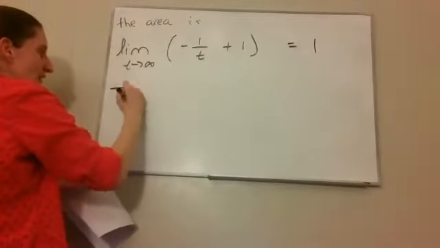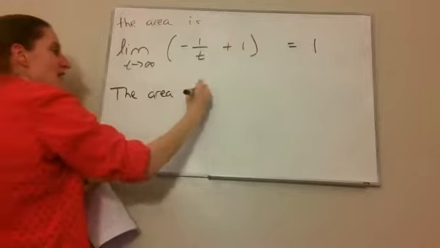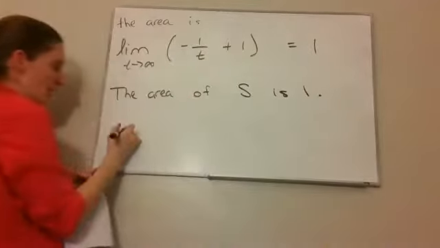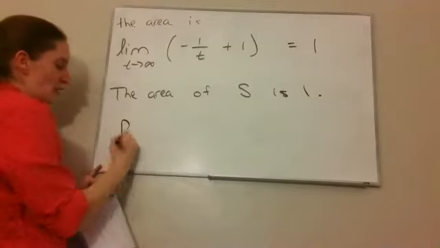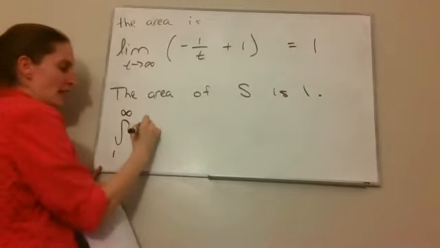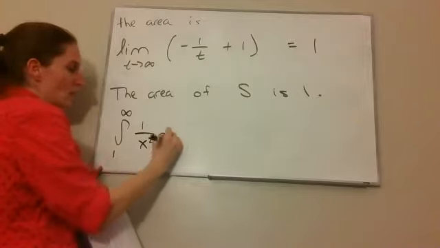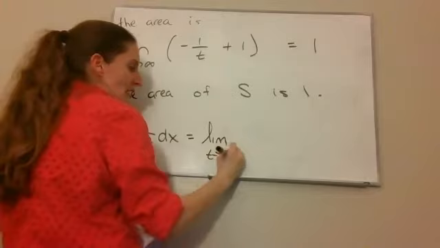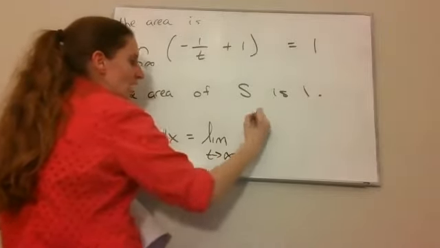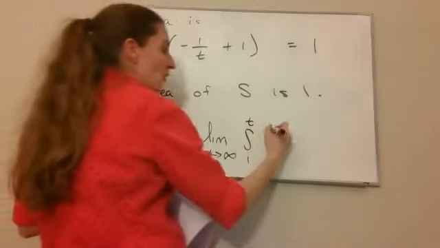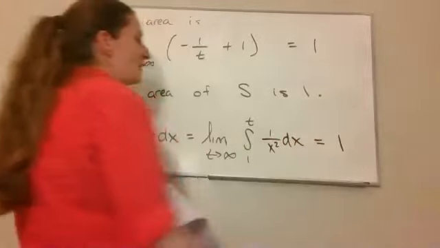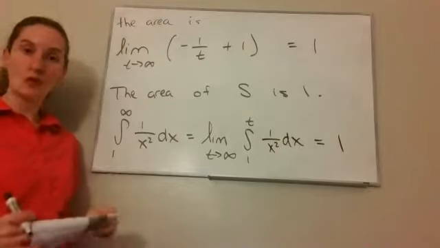This means the area of S is 1. And we write that the integral from 1 to infinity of 1 over x squared dx is equal to the limit as t approaches infinity of the integral from 1 to t of 1 over x squared dx. And we found that that was equal to 1.